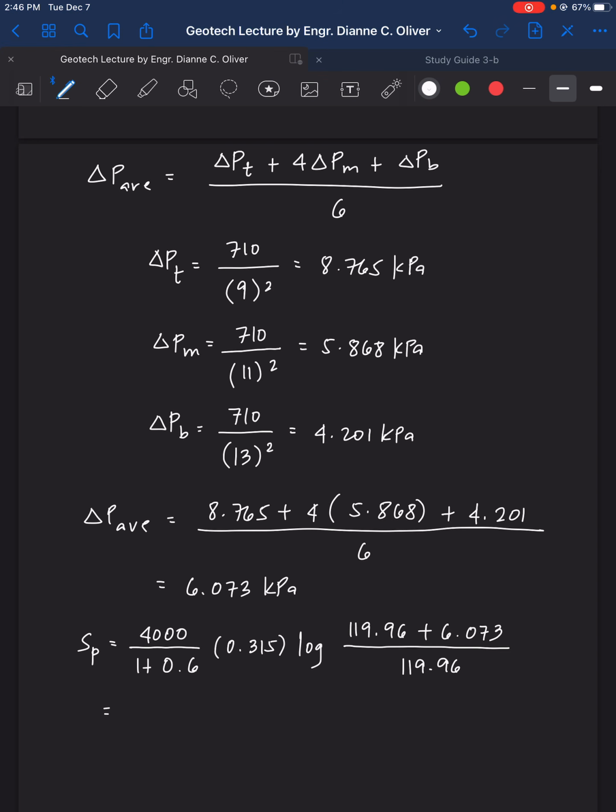So SP, the primary consolidation settlement, is now equal to 16.89 millimeters.